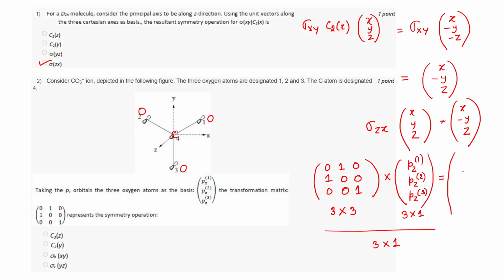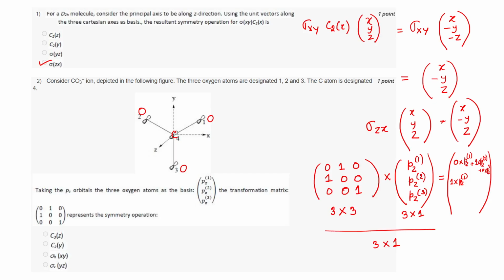For once I will do it, as it is simple. 0 into Pz1 plus 1 into Pz2 plus 0 into Pz3. Same here, 1 into Pz1.